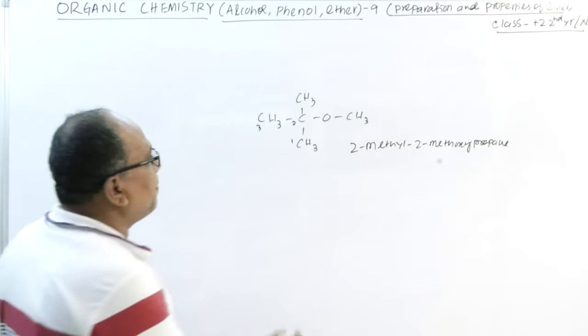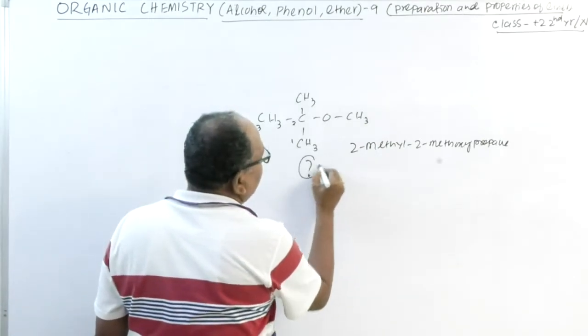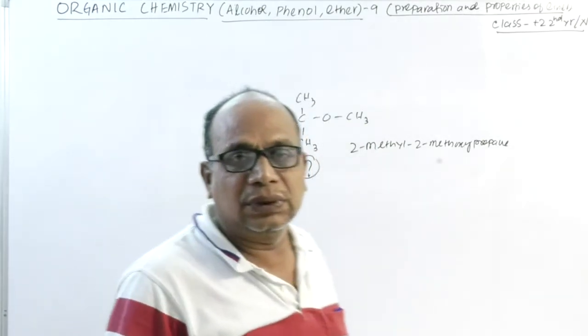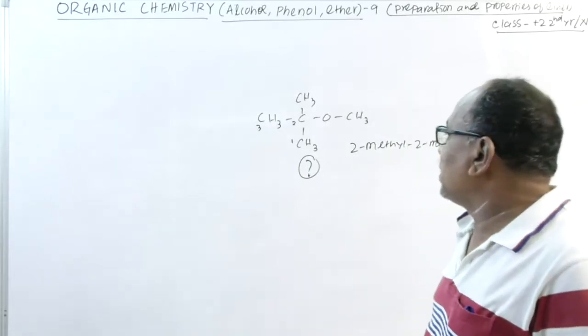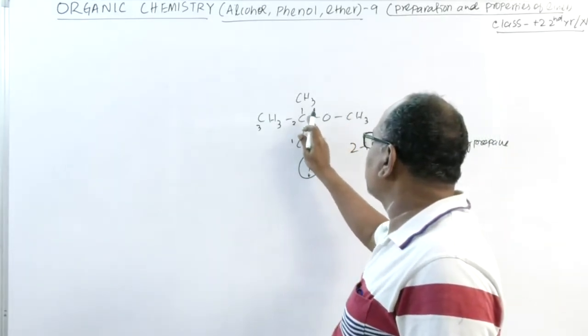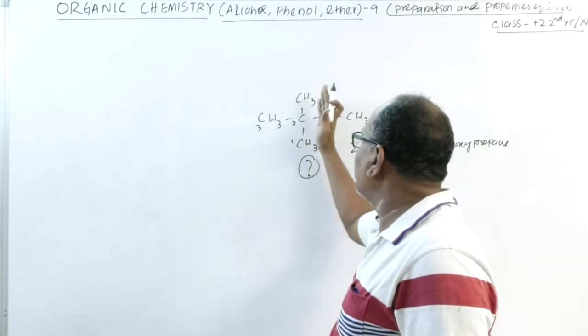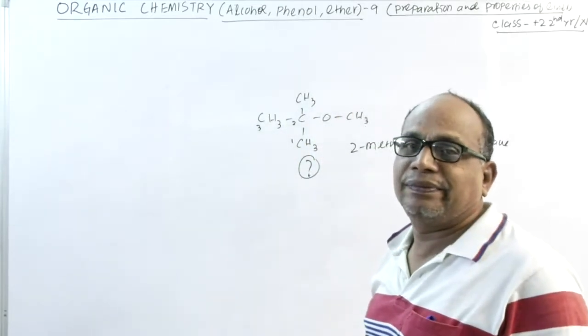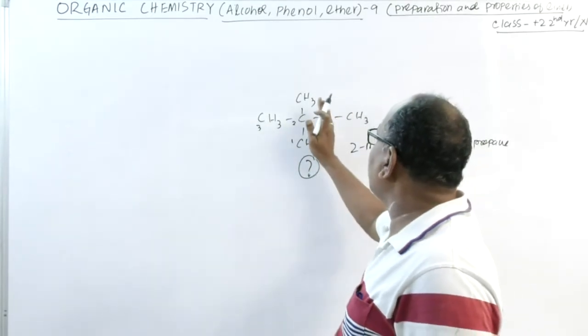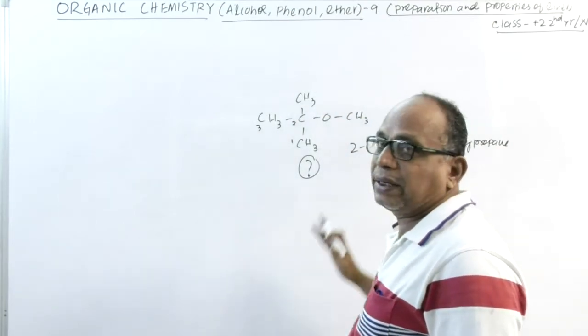So how can you prepare this ether? You take one side as halide and the other side as alkoxide, or this side as alkoxide and the other side as bromide.